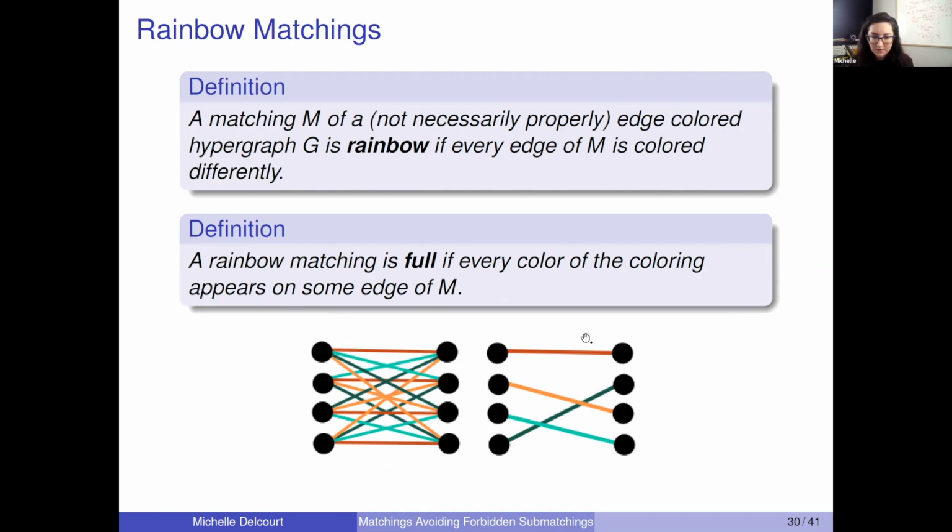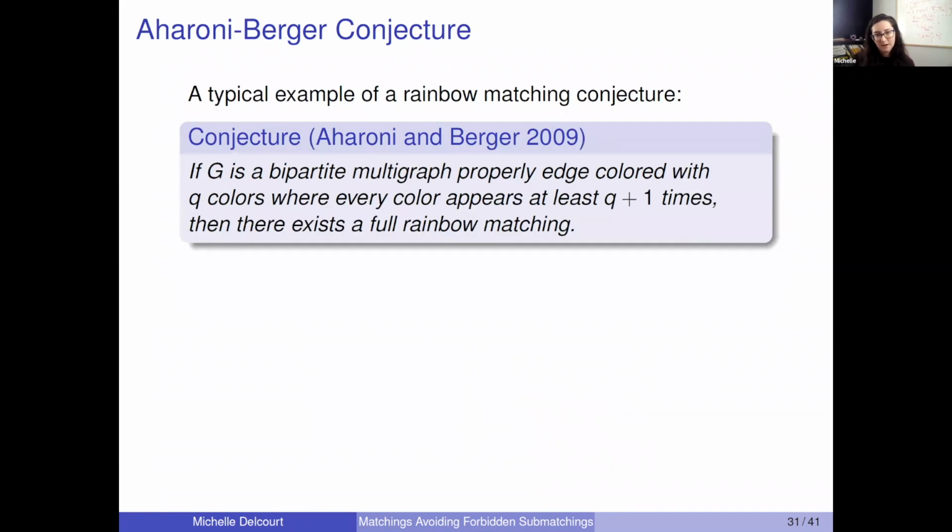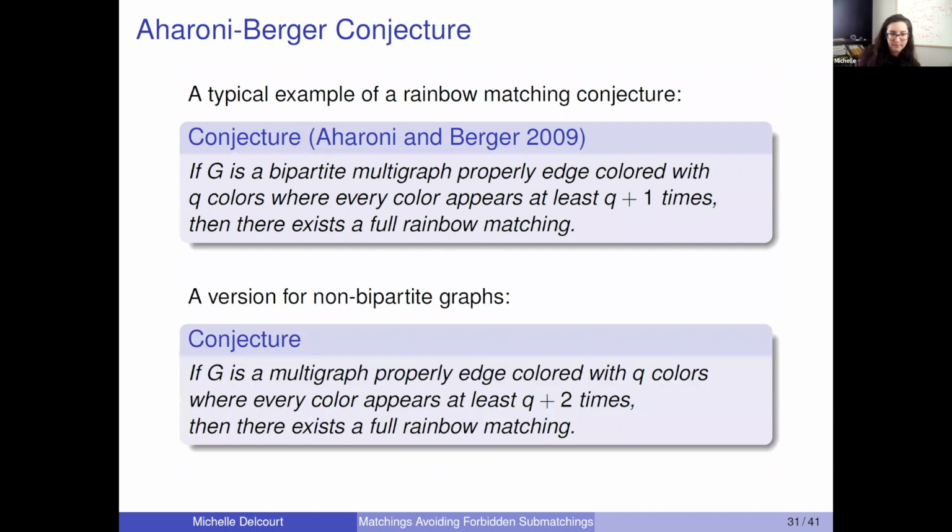But the idea is you want to find rainbow matchings and large ones, and here you want to find them with every color of your coloring. So for instance, if you color this with 4 colors, this would be a full rainbow matching. And so we're able to make improvements on a number of problems in rainbow matchings.